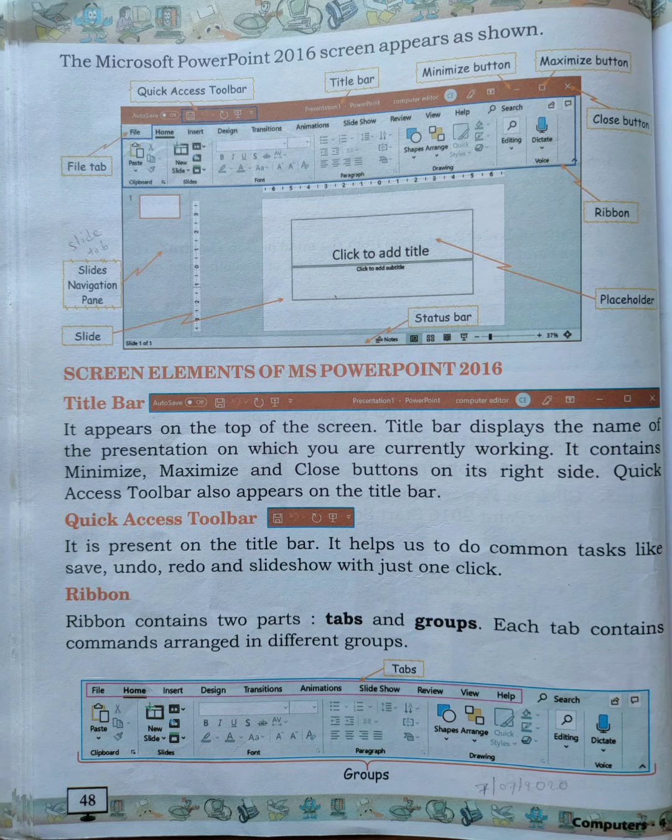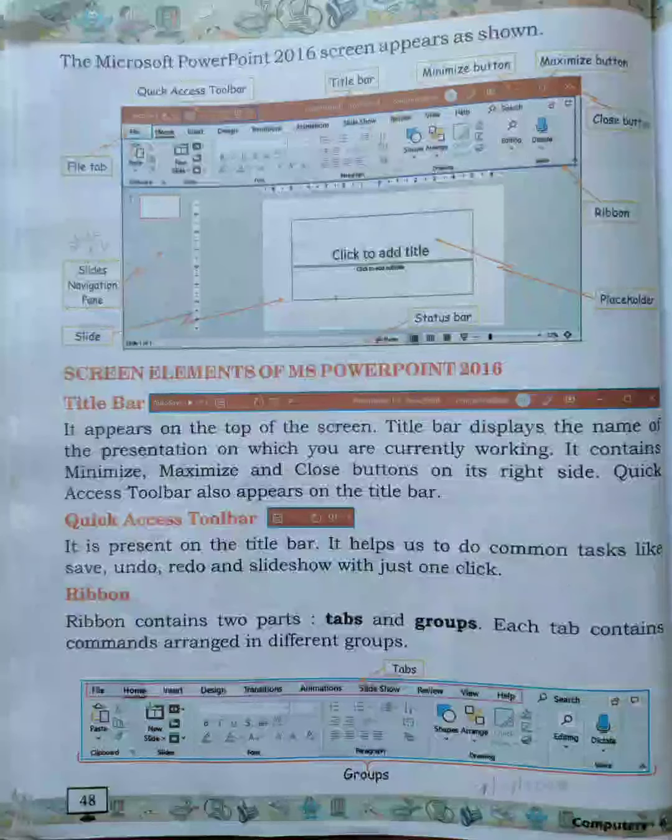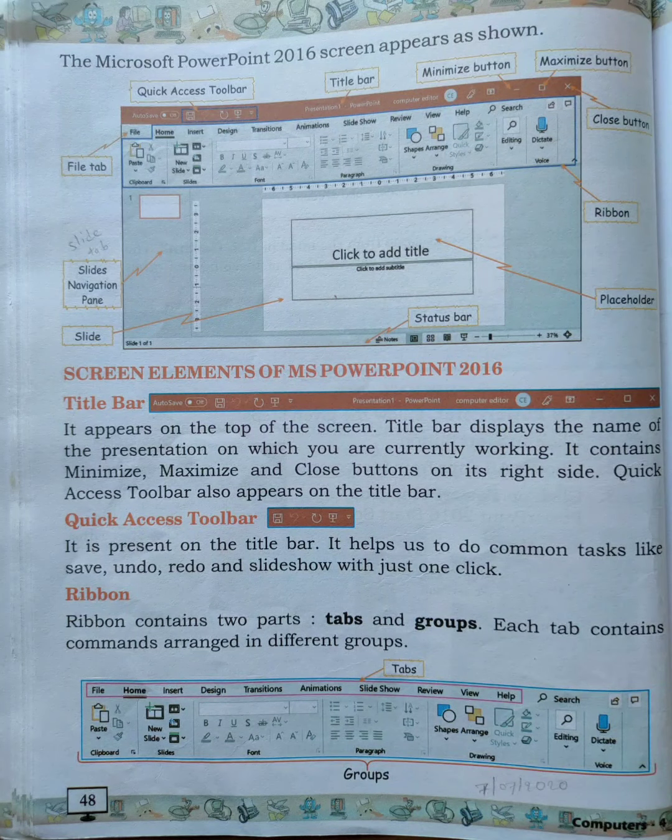These are tab names. The group names under the home tab are clipboard, slides, font, paragraph, drawing, voice. These are the group names. So in the ribbon we have tabs and groups. Each tab contains commands arranged in different groups.